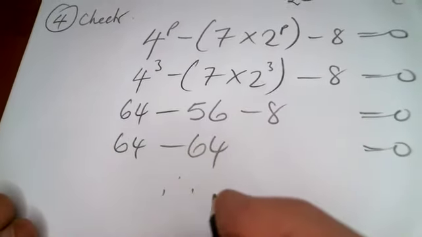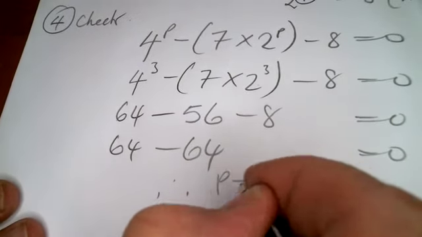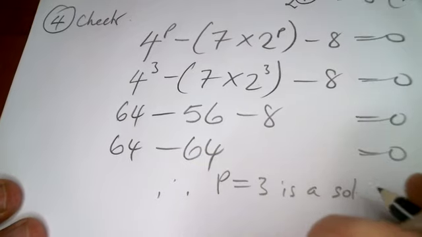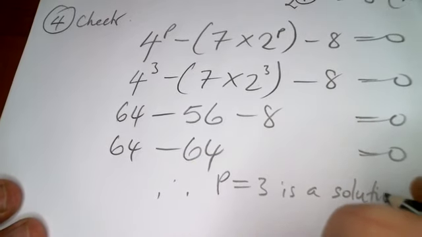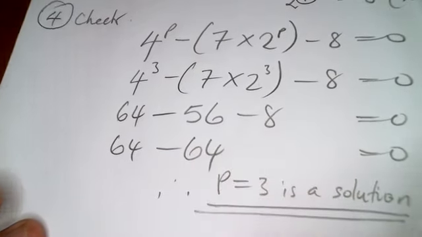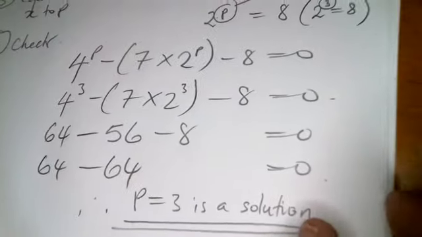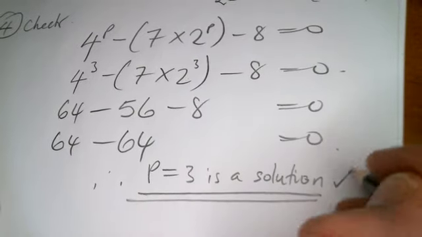Therefore, we can state that p equals 3 is a solution. And that is our answer. There's nothing p can equal to be -1, so x can't be -1. P has to be 3, and that is the answer we're looking for.